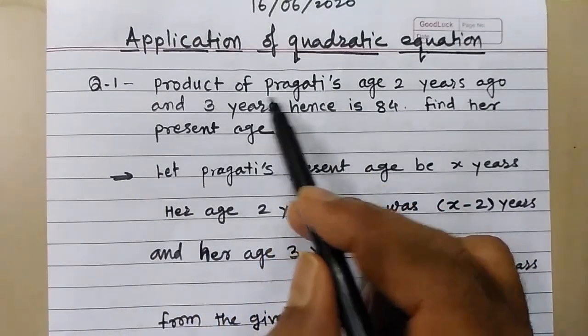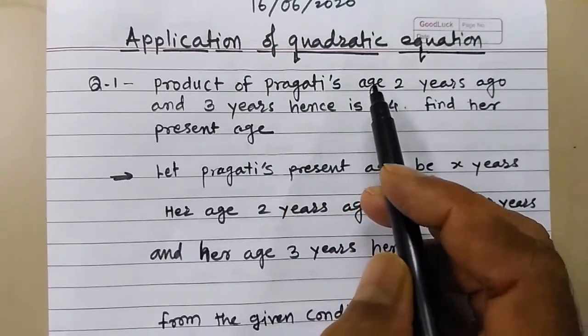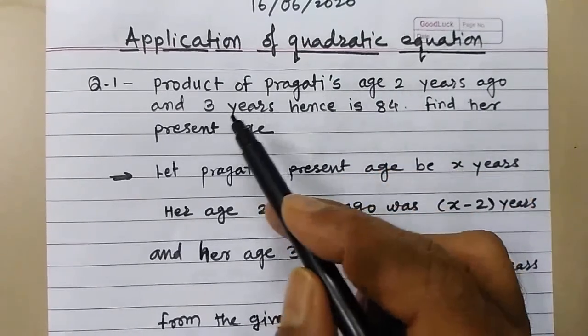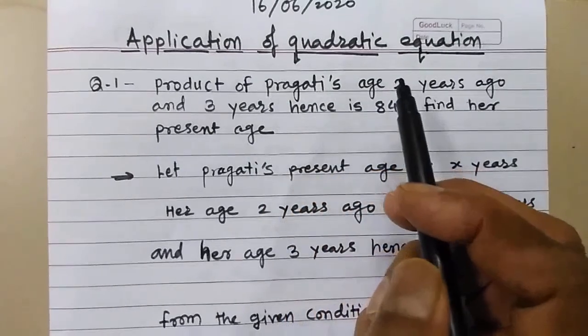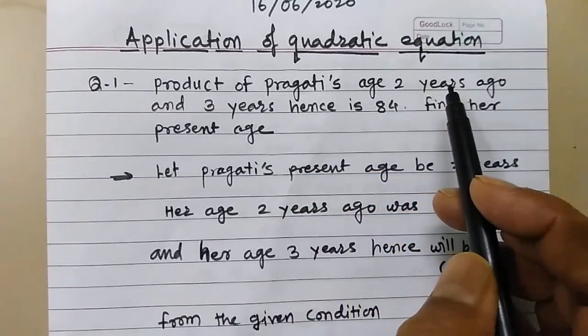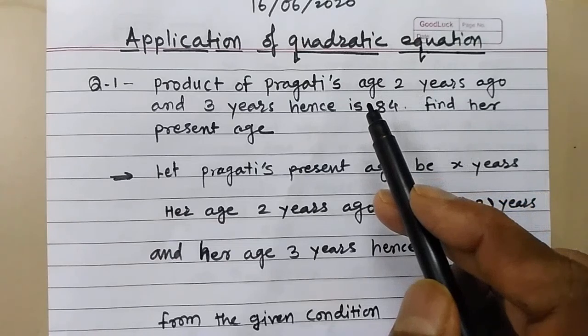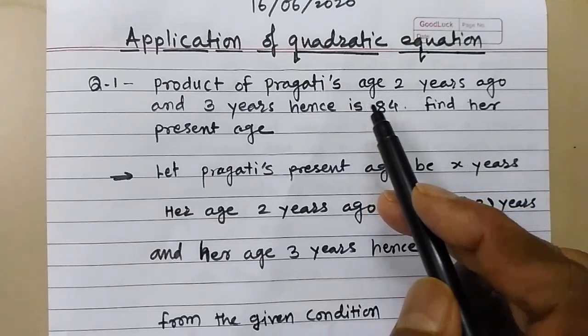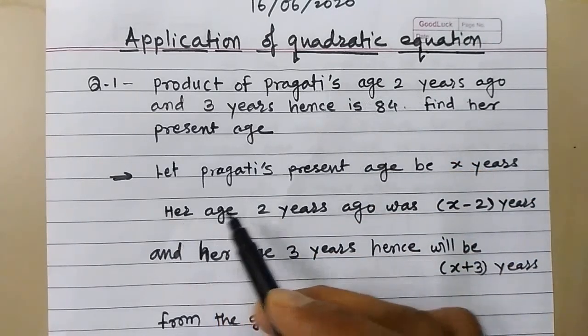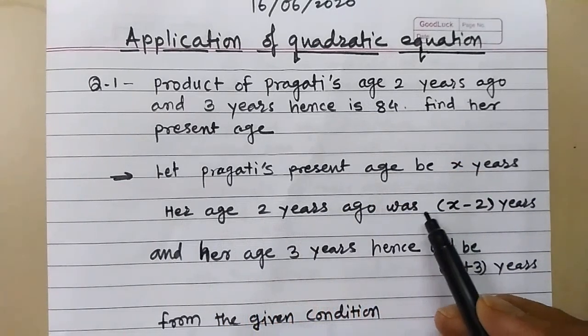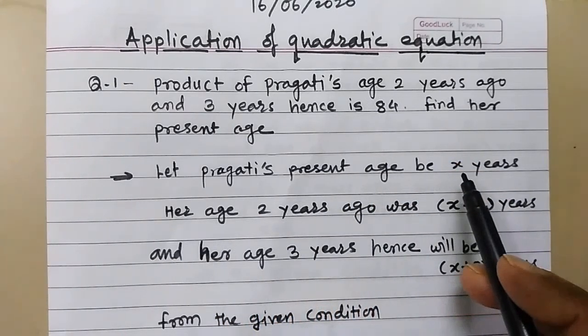Now in the first sentence, two ages are described here. That means the age which is 2 years ago and the second age is 3 years hence. Her age 2 years ago, we have to subtract 2 from the present age.